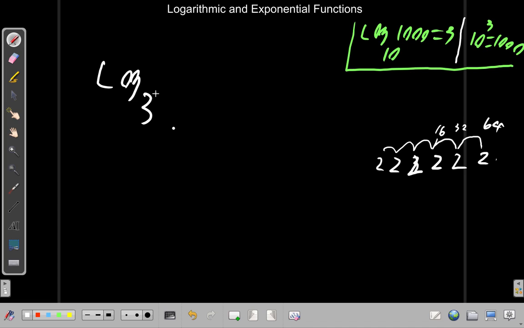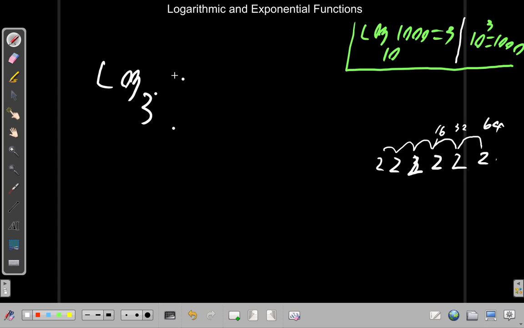Remember, with base 2 and base 3 and so on, the calculator can't help you, because the vast majority of calculators have only base e and base 10, unless you have some special type of calculator that has other bases. So it has base e and it has base 10, but it doesn't have a log with a base of 3.